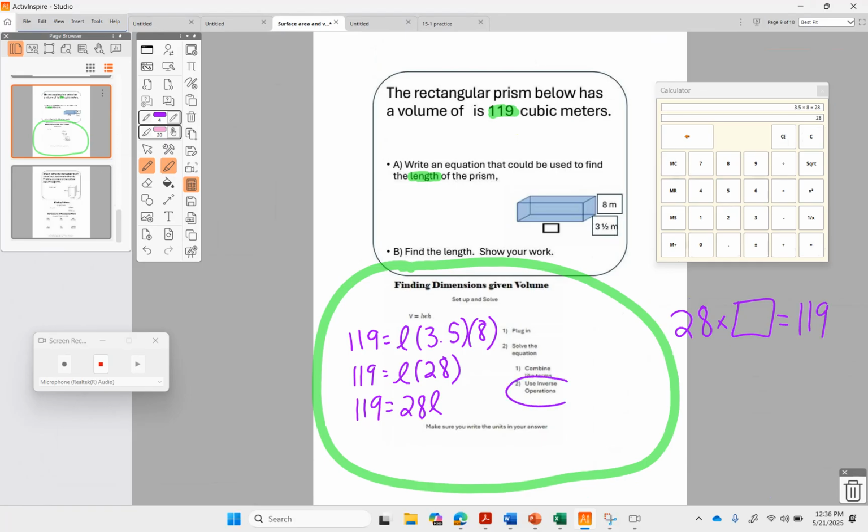You need to divide. So in your calculator, 119 divided by 28 is 4.25. And though it's not drawn to scale, the length is 4.25 meters. That's how you use the math mat to help you with the problem.